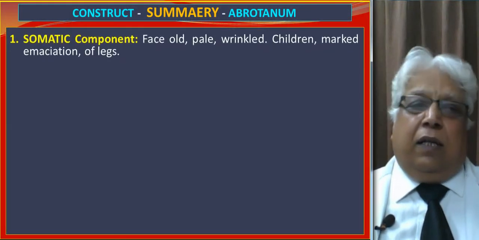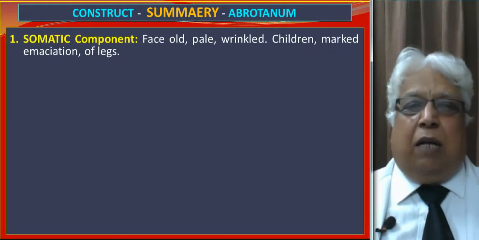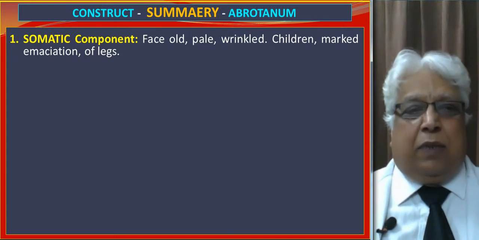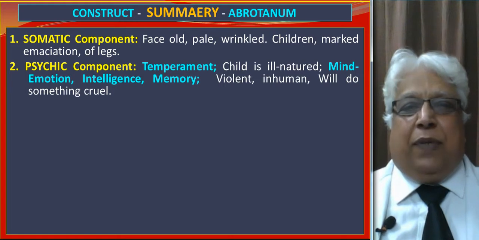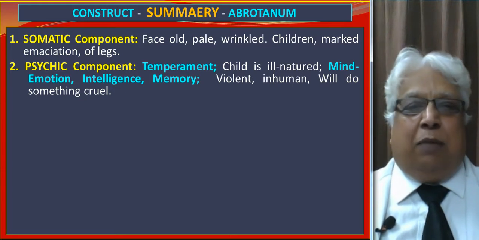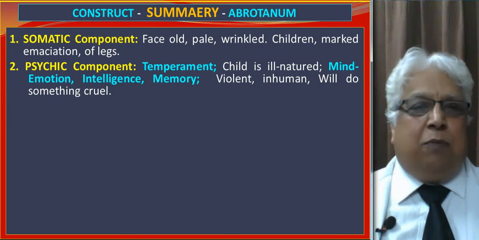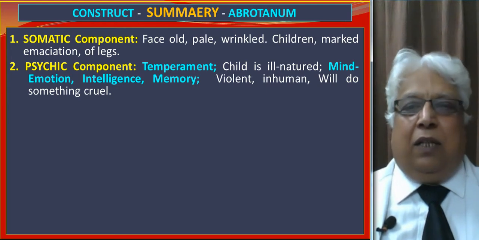Next, I am going to make a small summary. Number one is the somatic component: face old, pale, wrinkled, children marked, emaciation of legs. Psychic component: temperament, the child is ill-natured. Mind, emotion, intelligence, memory: we have violent, inhuman, will do something cruel.